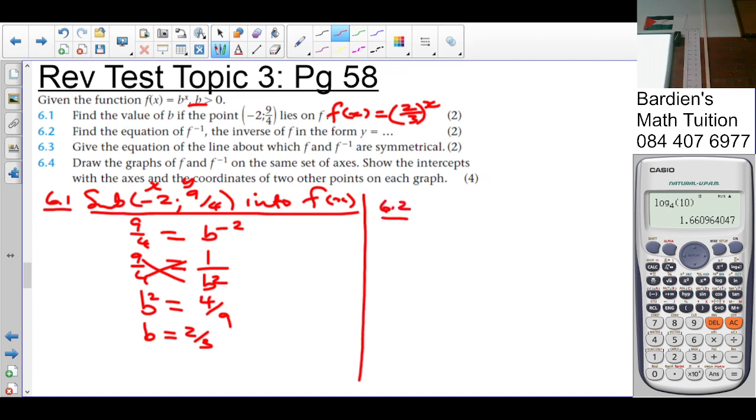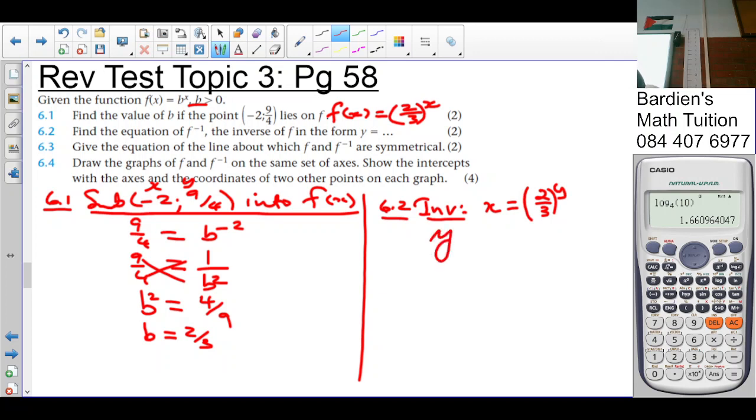6.2: Find the equation of the inverse, f to the -1. What do we do for the inverse function? We interchange x and y. So for the inverse, y is equal to 2/3 raised to the x becomes x is equal to 2/3 raised to the y.